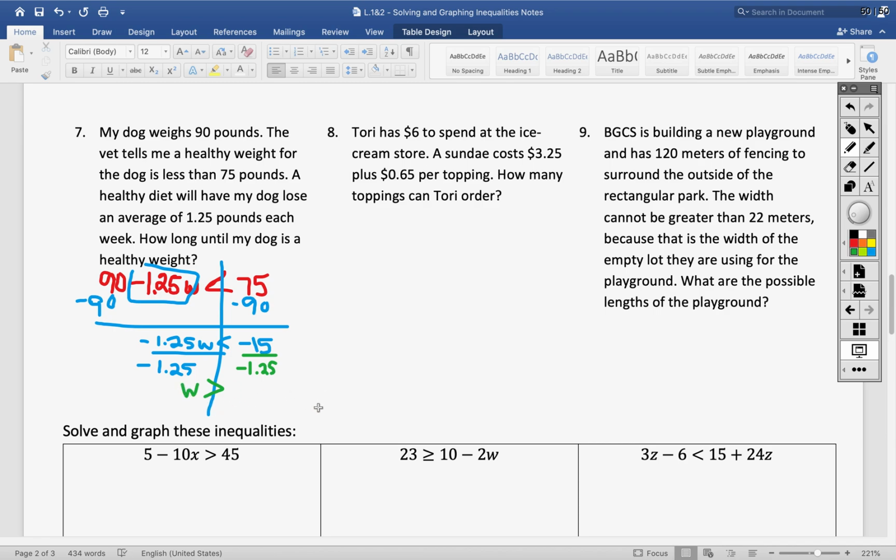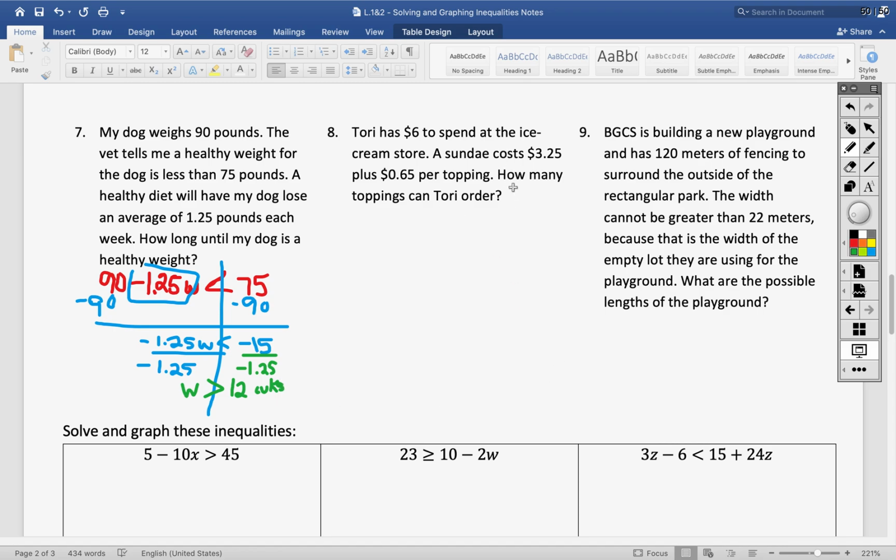So W is greater than, and then you put into your calculator negative 15 divided by negative 1.25. And your answer is 12. So this means weeks are greater than 12. So it's going to be at least 12 weeks before my dog is at a healthy weight.